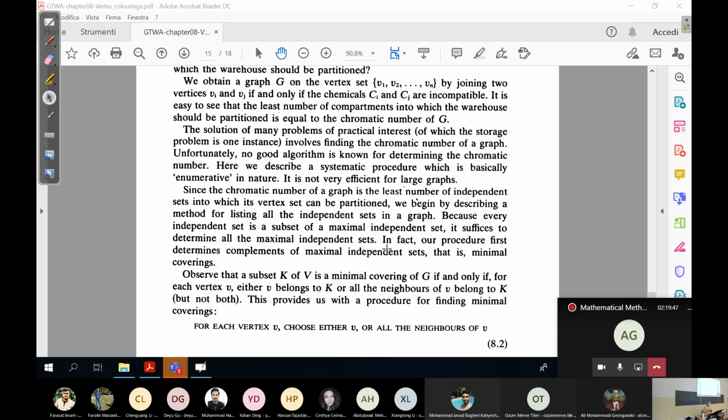Okay, so what we can do is finding maximal independent sets. And then what you do is determine the biggest independent set and give it a certain color.